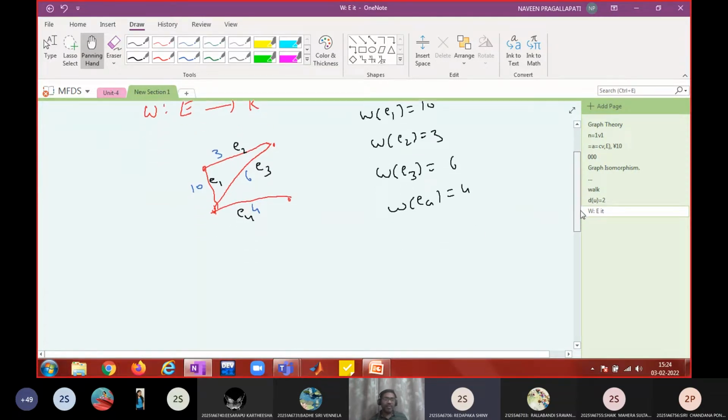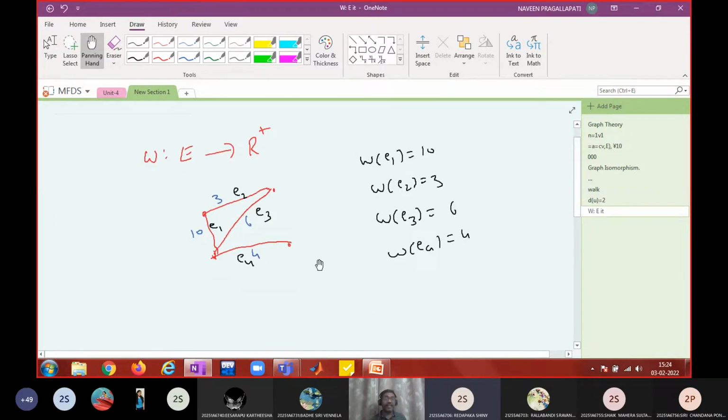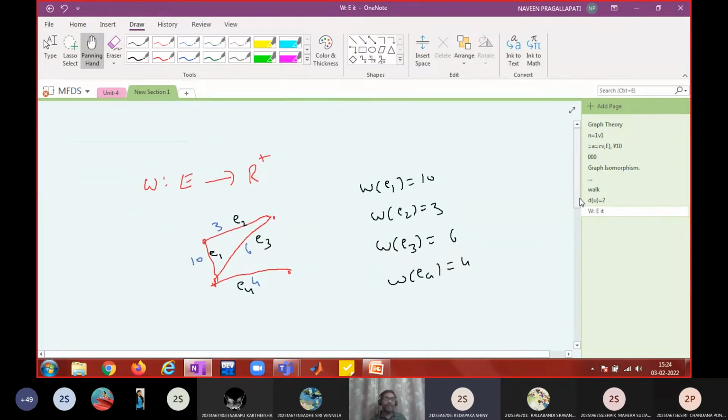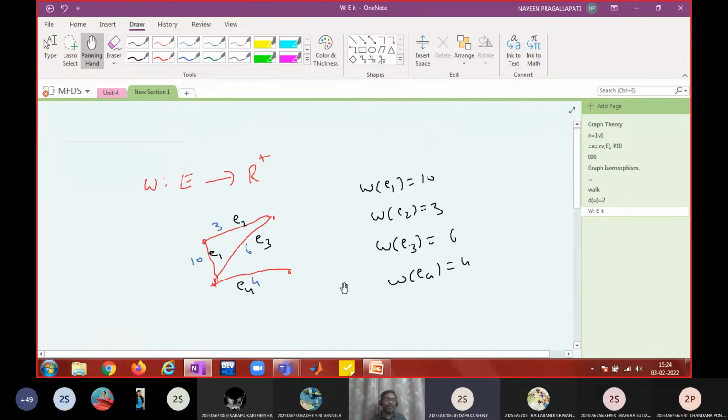There are several algorithms called greedy algorithms. Greedy algorithms are the ones which give the minimum weight, minimum length. If you want to get optimum or minimum values through an algorithm, they are called greedy algorithms.